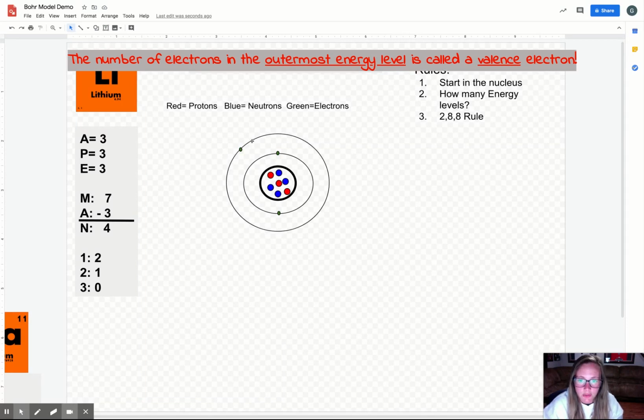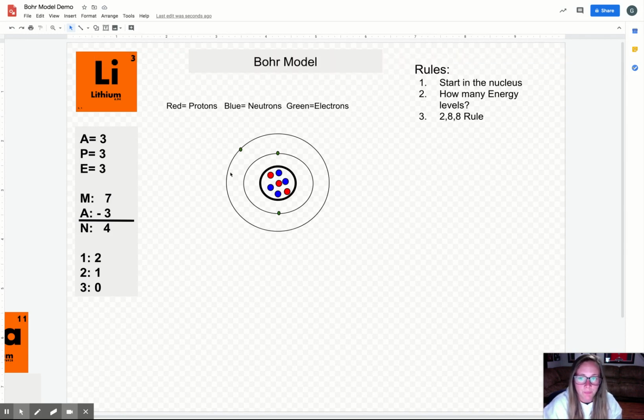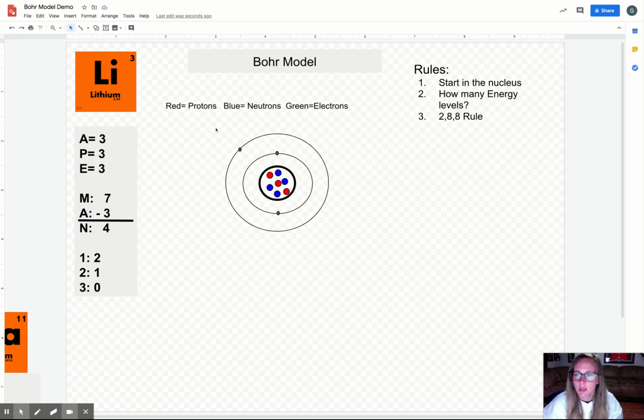Therefore, it has 2 energy levels, 1, 2, for a total of 3 electrons, 1, 2, 3. And then we followed our 2-8-8 rule. Maximum of 2 in the first energy level, and we only have 1 extra in our second energy level. Now I'm going to illustrate a larger atom so that you can see the full 2-8-8 rule.